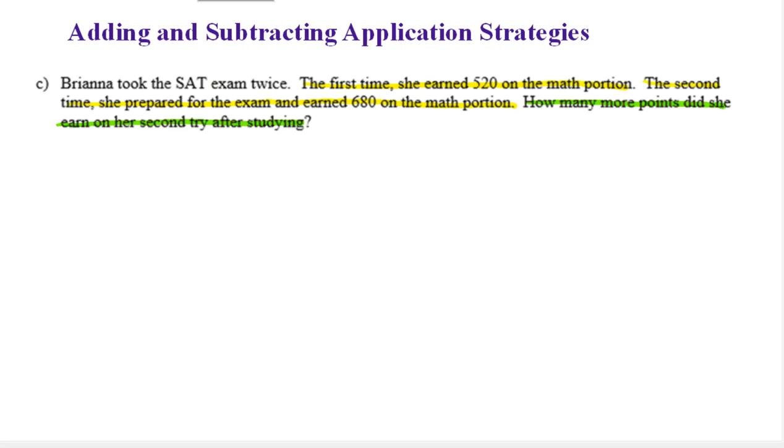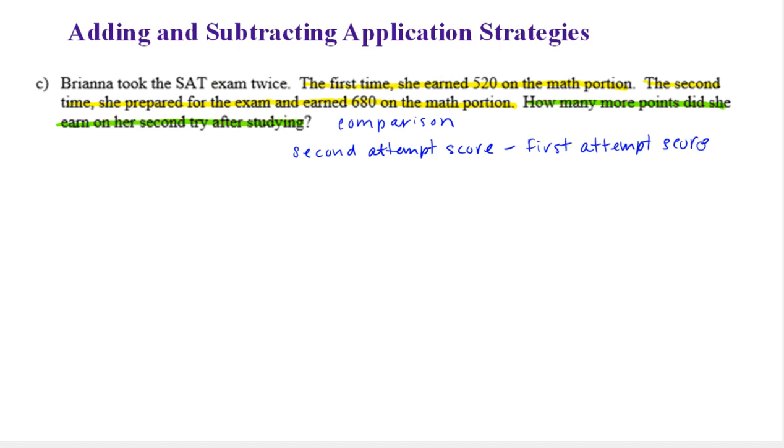So we decided that it's a comparison problem, so we're going to write that down. And since she earned more points on the second attempt, we're going to say the second attempt score minus the first attempt score is going to equal the difference in the scores.